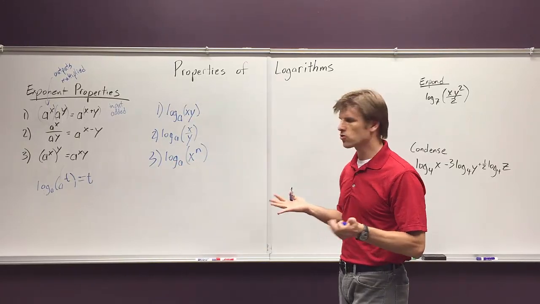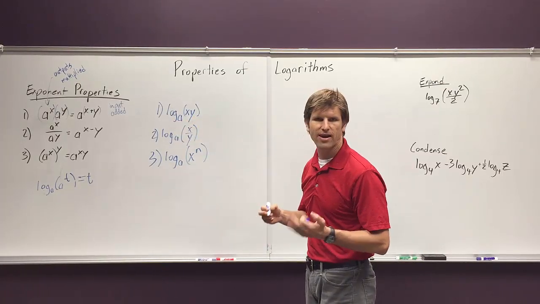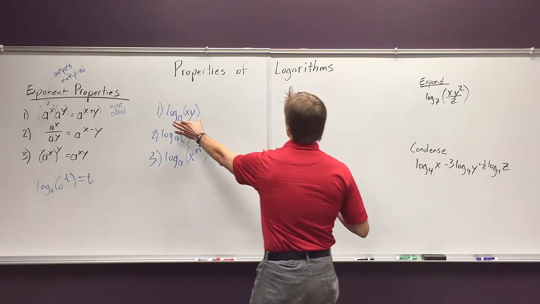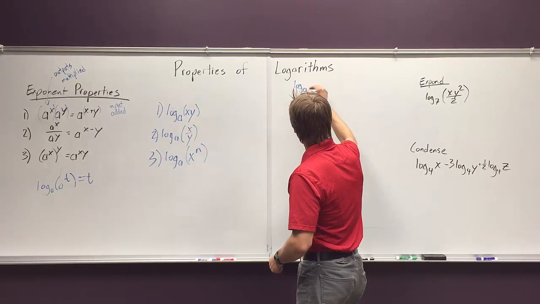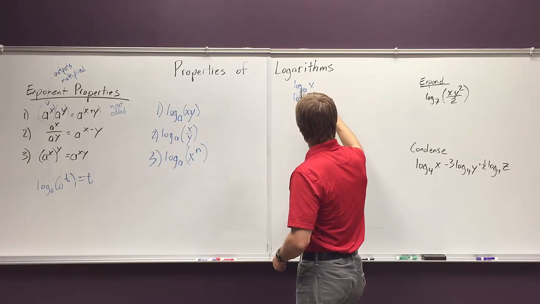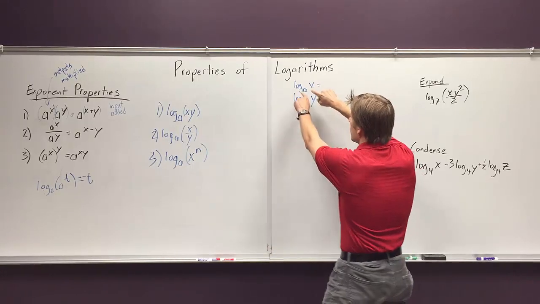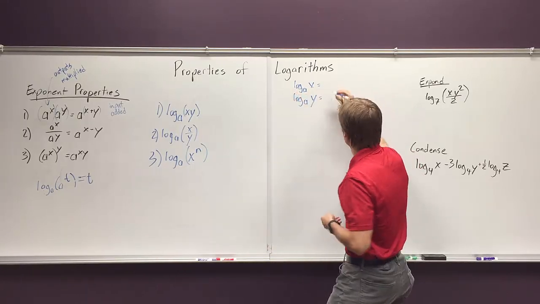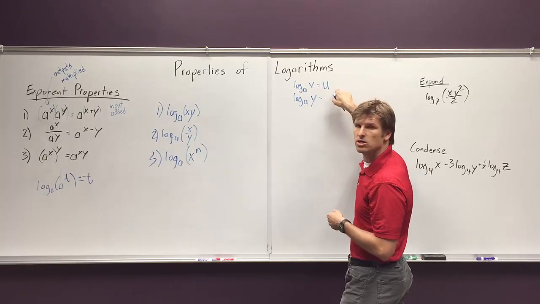Let's imagine I was trying to, say, prove that something was true about that. I might say, well, I'd like to think about log base a of x and log base a of y. And so I'm going to call those things something. Well, this is hopefully a variable, so we'll say that's u.